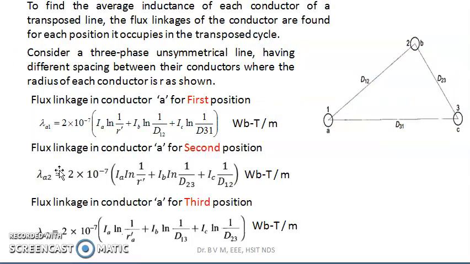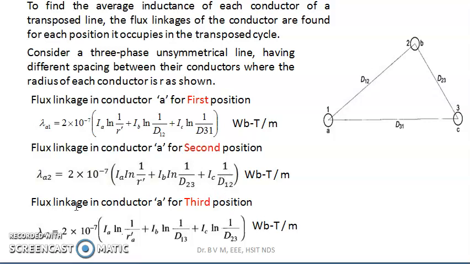The same thing I have written here: lambda A2 is equal to 2 into 10 raised to minus 7 into bracket IA log of 1 by R dash plus IB log of 1 by D23 plus IC log of 1 by D12.